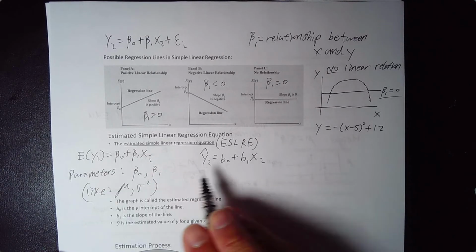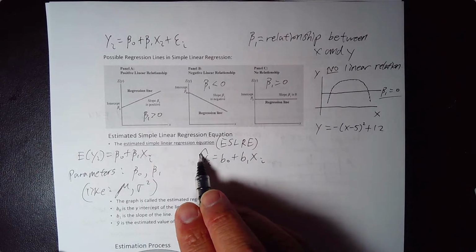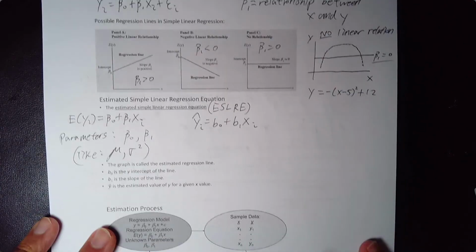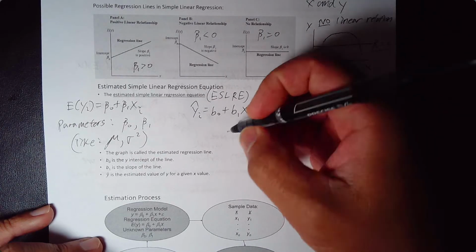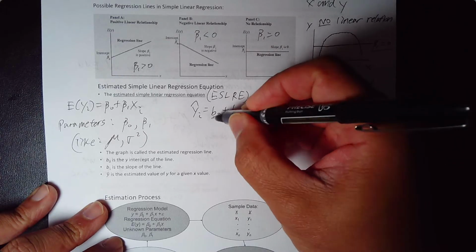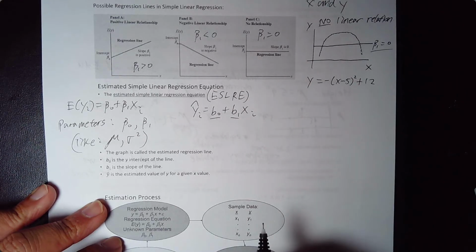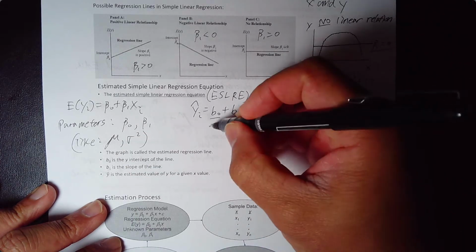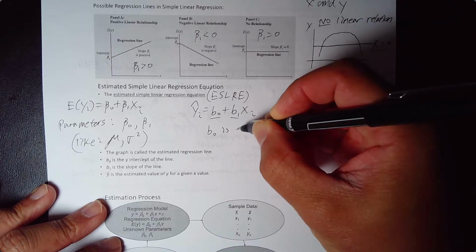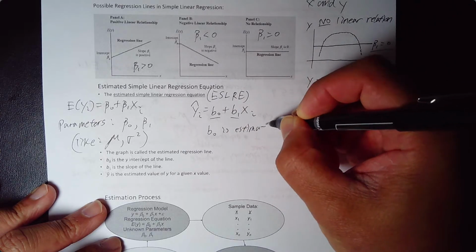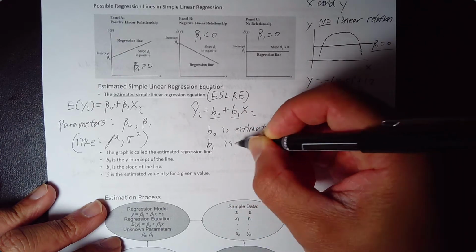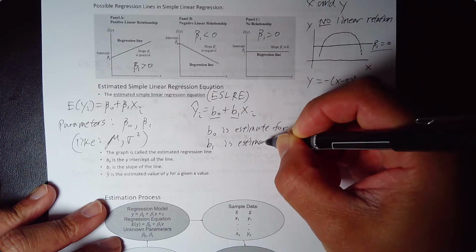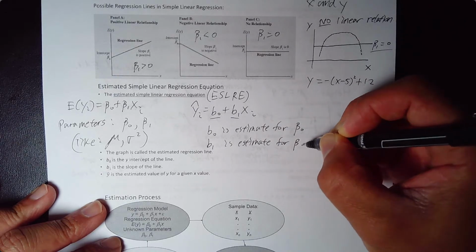Y hat. In statistics, anytime we put a hat on top, that means an estimation. So we will use b0 and b1 as our estimates: b0 is an estimate for beta 0, and b1 is the estimate for beta 1.